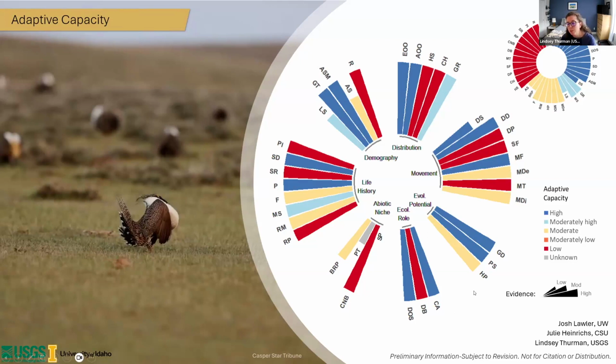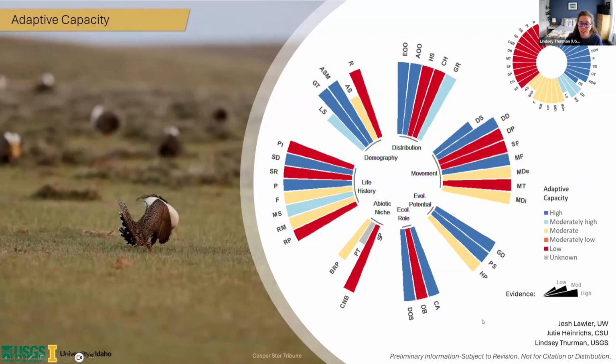So shorter spokes mean there's less certainty in that assessment. And then this inset figure here in the top right is just an arrayed version of the bigger wheel, ordered from high to low adaptive capacity and high to low strength of evidence. So sort of just a summary figure.